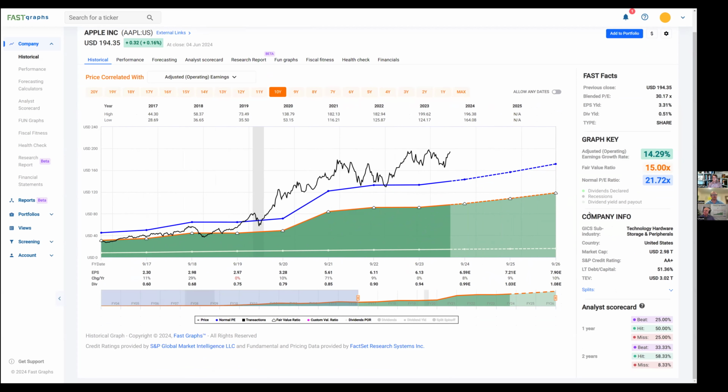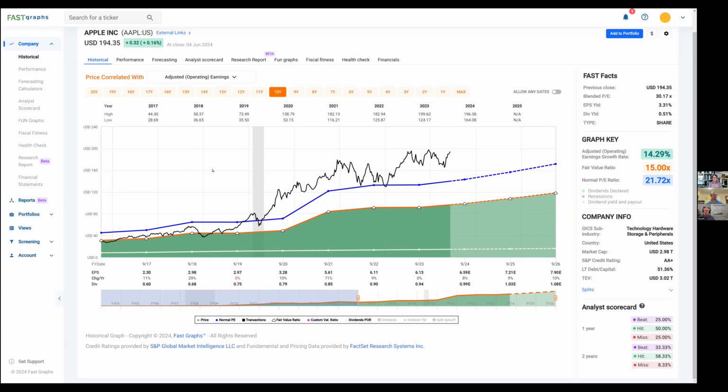The theoretical fair value, which is listed down here as the fair value ratio, which is your triangles, would be a 15 multiple for a company growing at 14%. That would be a theoretical formula. We'll talk about that more later on in the webinar. But this is just saying the stock market itself has been valuing it higher, but it also valued it lower here.